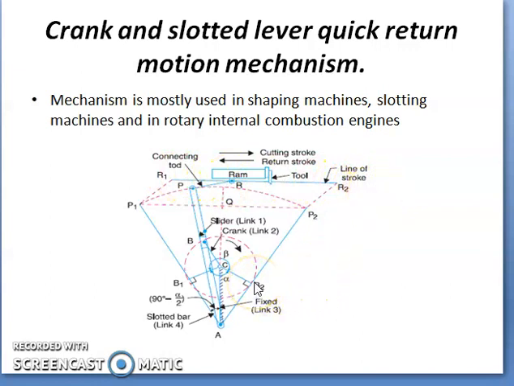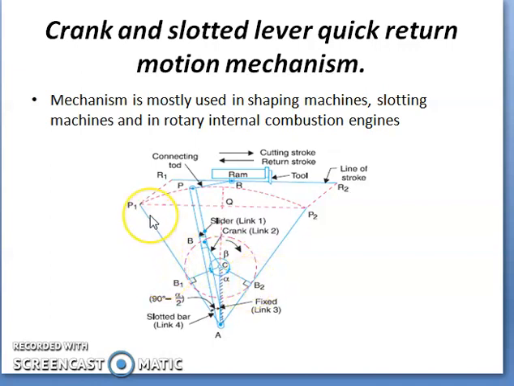Then it comes back from R2 to R1. When it is moving from R1 to R2, it travels the distance B1, B, B2, which is more than 3/4 of the circle. Whereas in the return stroke, it travels from B2 to A, which is about 1/4 or slightly greater than 1/4.